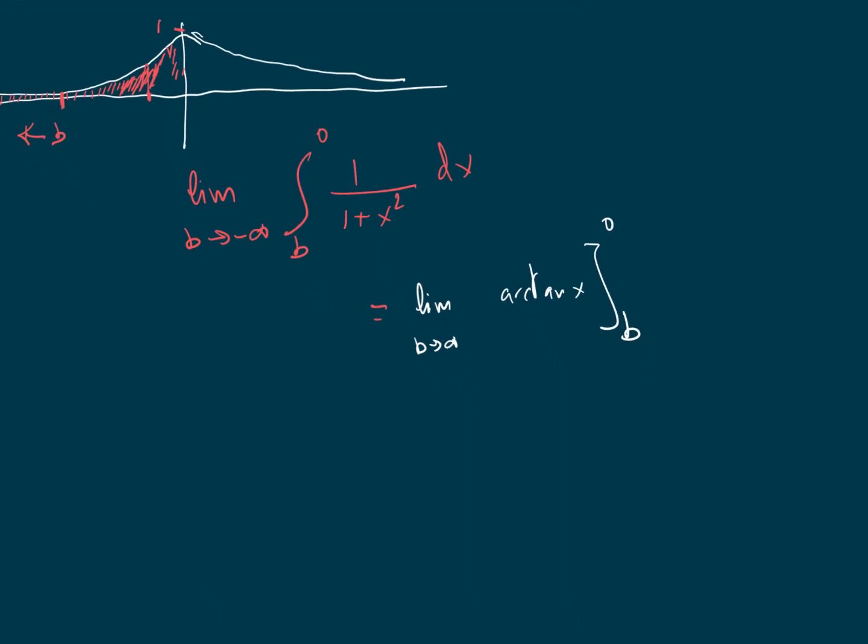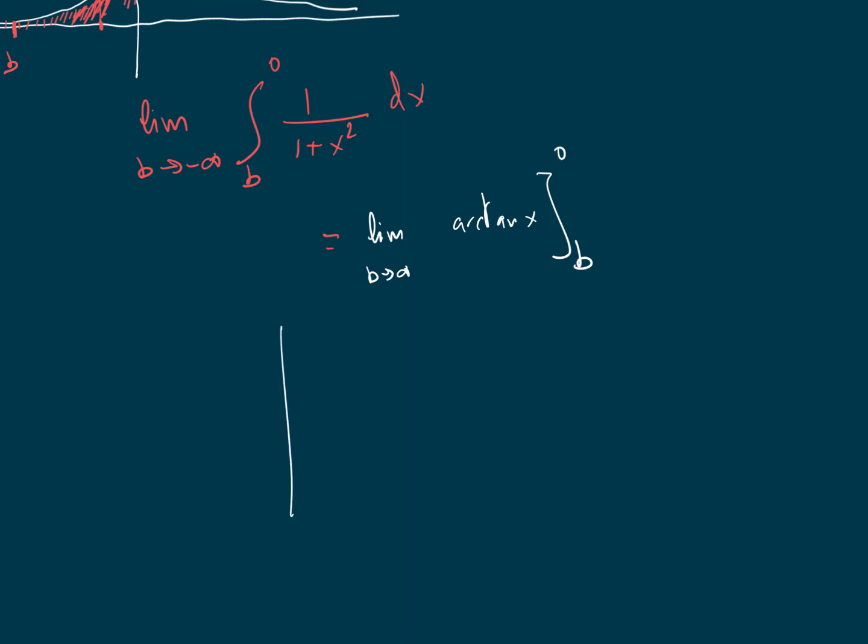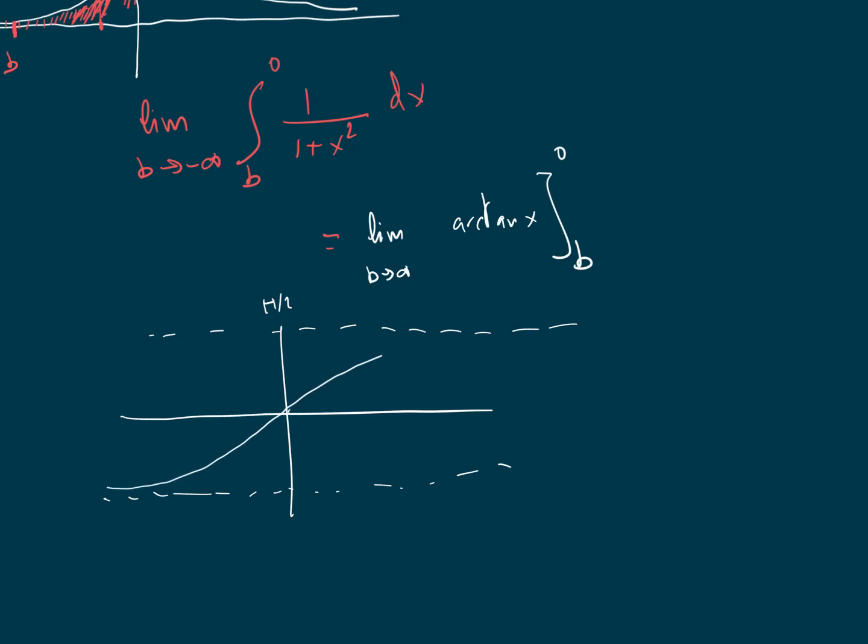The function arctangent of x does like this. This is the inverse function of tangent x. Arctangent of x will approach pi divided by 2 as x approaches infinity. So as you move into the infinity, the value of the function approaches pi divided by 2.